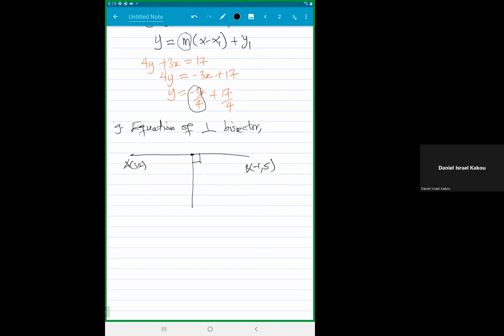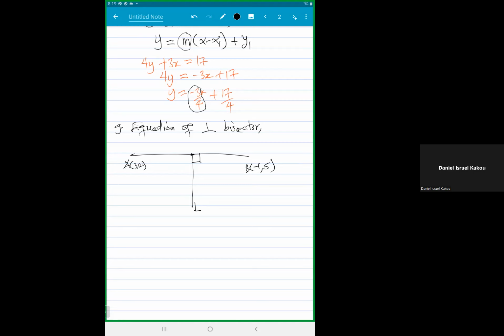Remember, if you want to find an equation of a line, we need a point on that line and the gradient of that line.